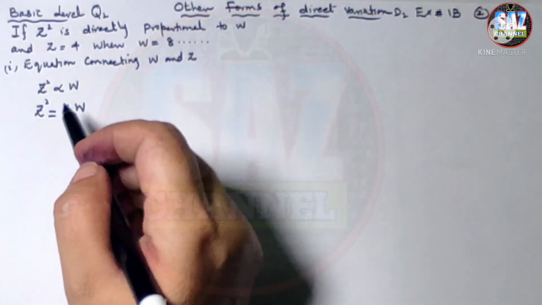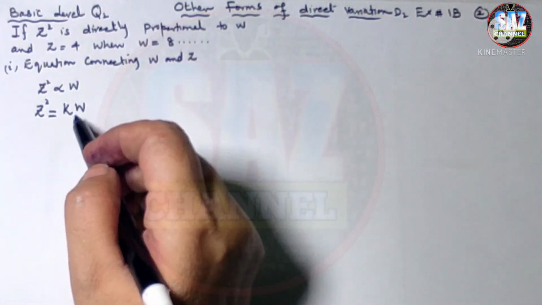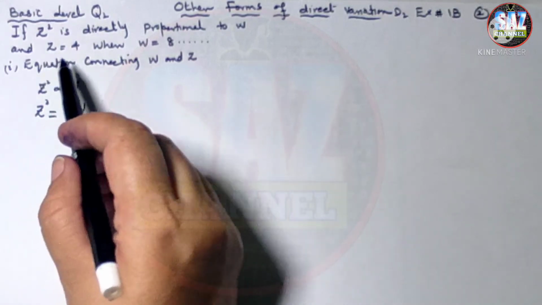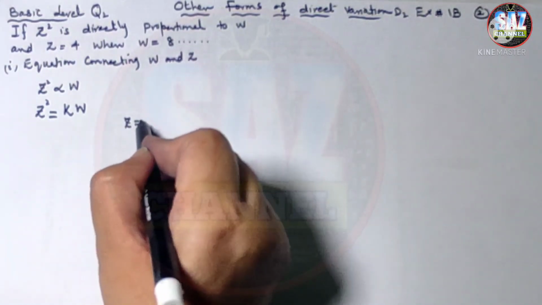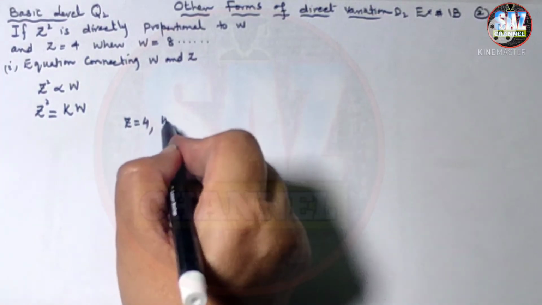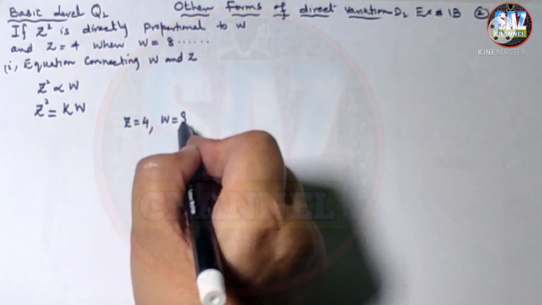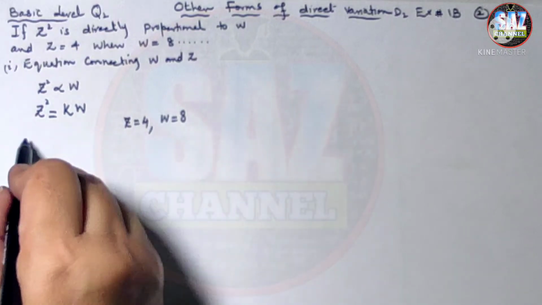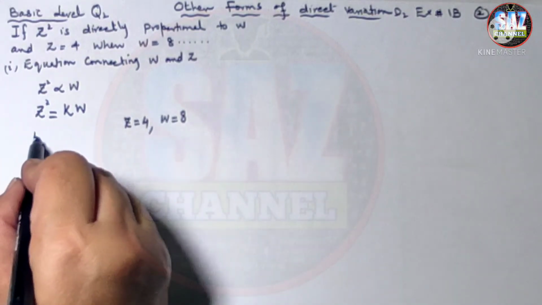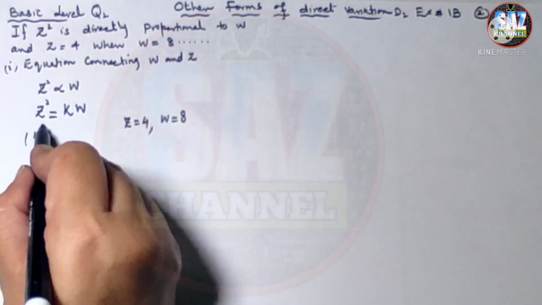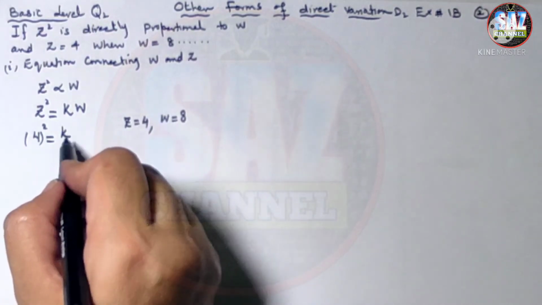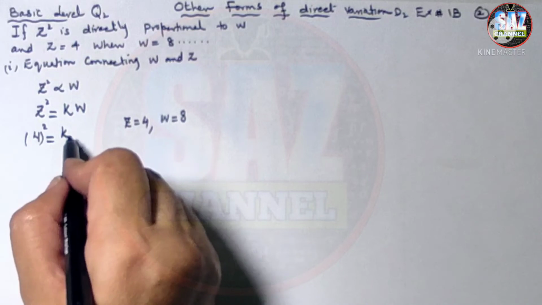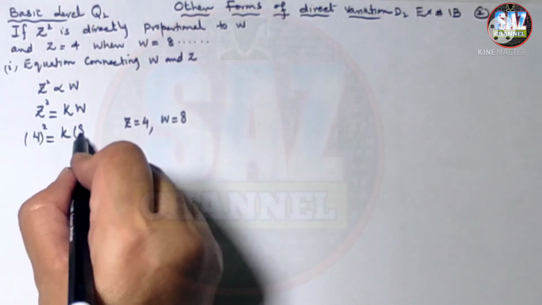And in order to write down the equation connecting, there must be some condition given. Yes, it's given that z equals 4 and w equals 8. So instead of z, I put 4, and I have to put the square of that, k, and w is 8. Yes, I have to read the question carefully.